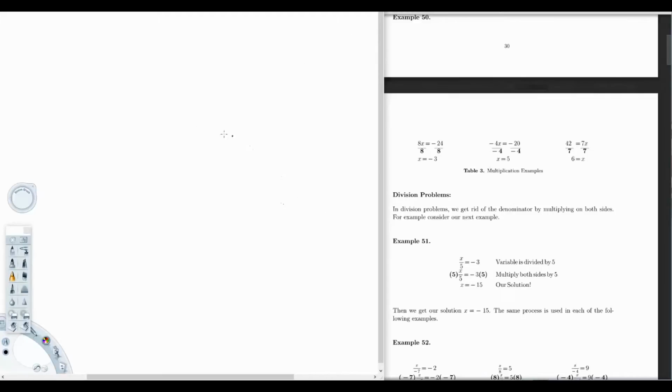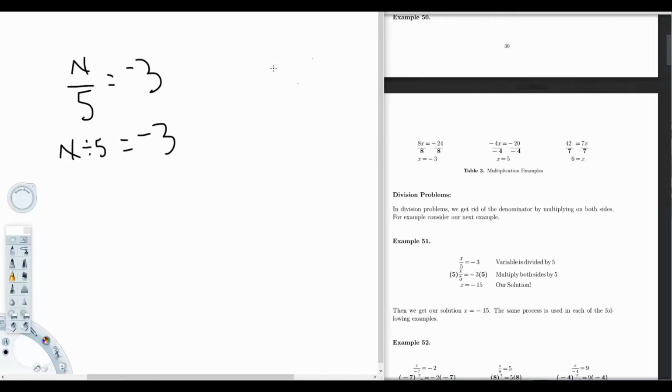And now we're going to do the division. So x divided by 5 equals minus 3. Now this is the killer, right? When you see x divided by 5, and when you divide something by a number, if you want to eliminate it, you have to multiply by the same number.